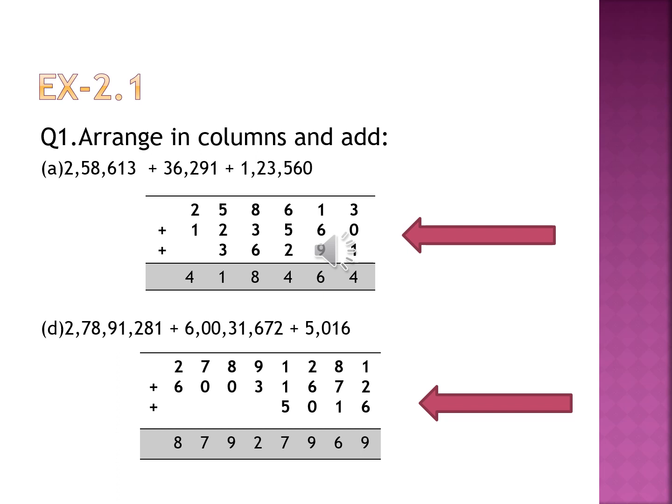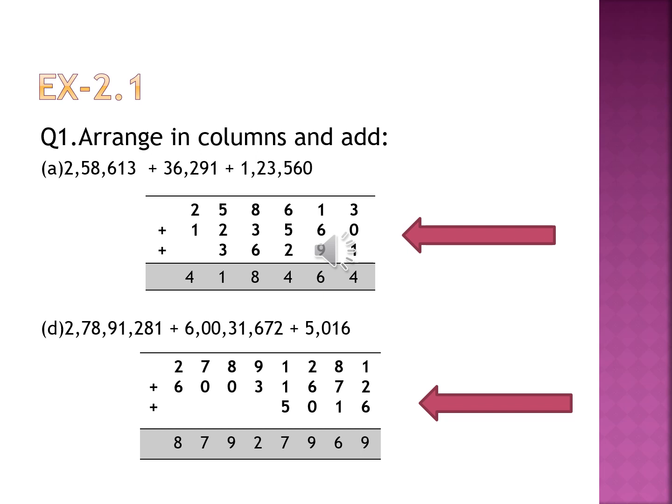Also, there may be changes in the digits of the addends. Like in A part, we have 3 addends. First is a 6-digit number, another is a 5-digit number, and the third one is again a 6-digit number. So while adding, we have written the 6-digit numbers first, and then we have written the 5-digit number. So it is very easy to add.